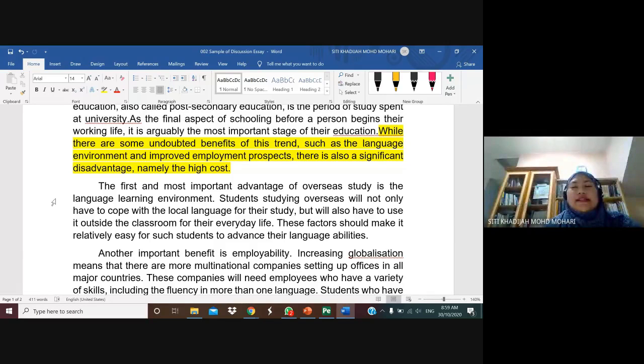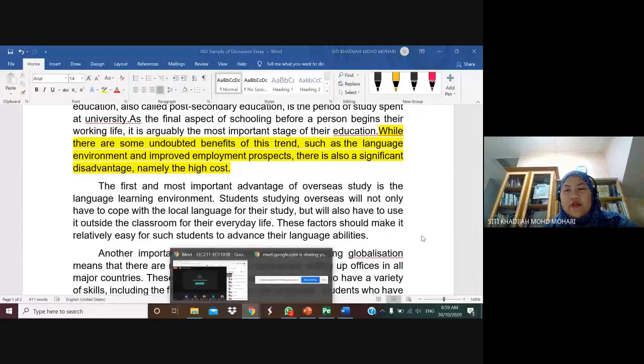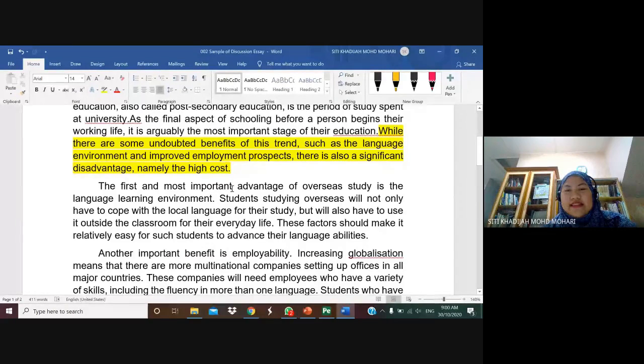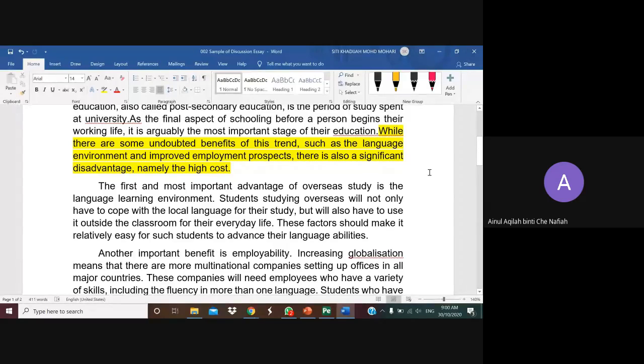Okay, nice. So what do we have here? Is it a thesis statement, topic sentence, concluding sentence, or what is it? I think topic sentence, maybe, or main idea.